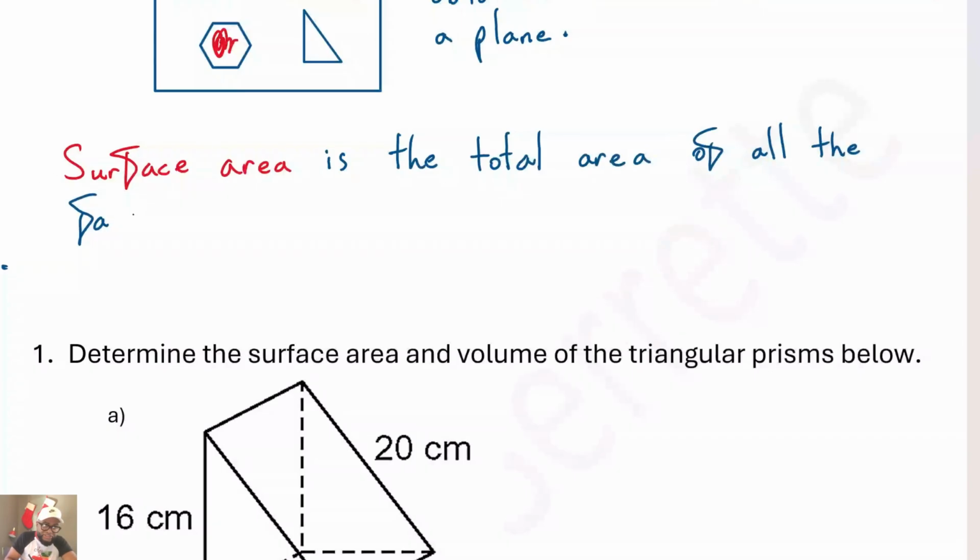Since primary school, everybody should know what the face of a solid is. Everybody good there?